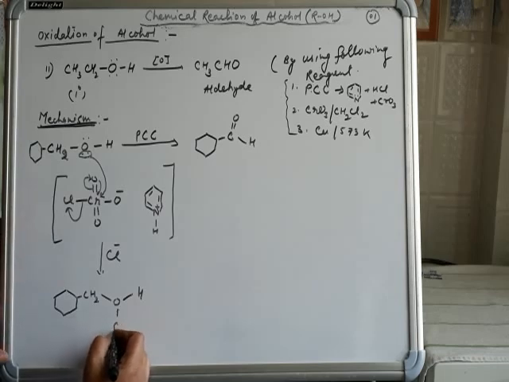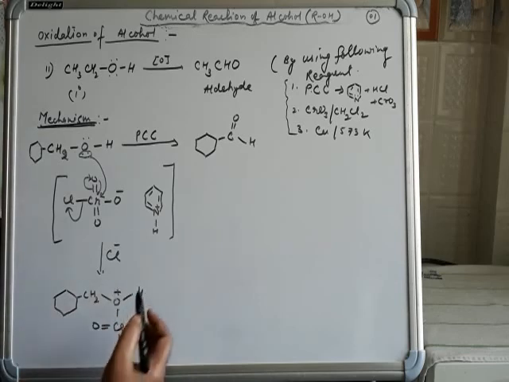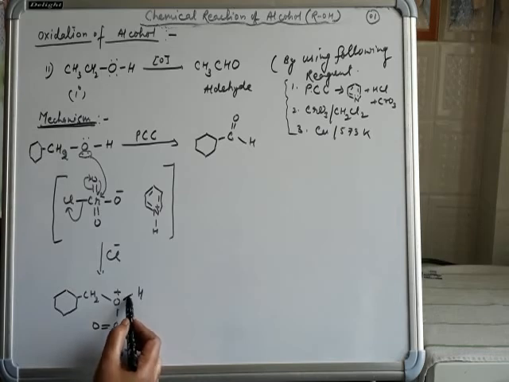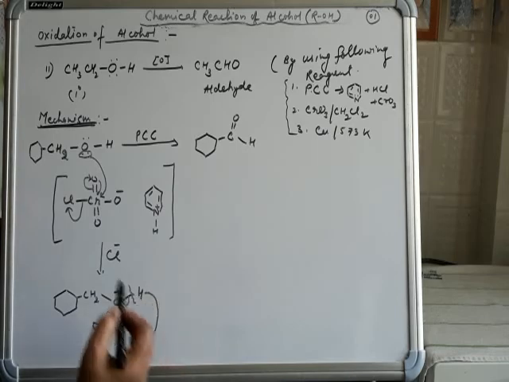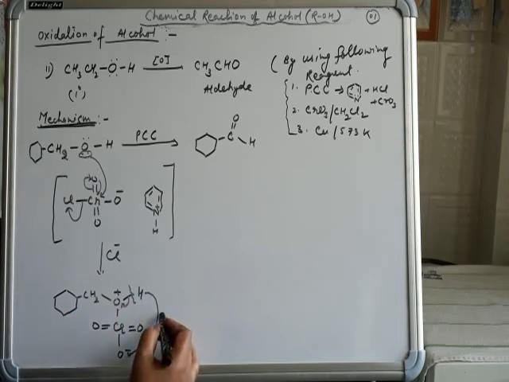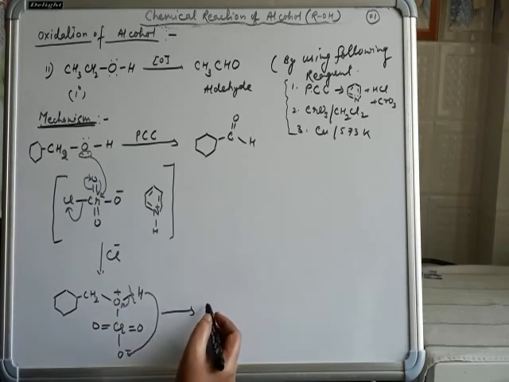chromium and here is the oxygen. Oxygen acquires a positive charge. So this bond shifts towards it and hydrogen is removed from here. Simultaneously, this hydrogen is accepted by this oxygen, which accepts the proton.